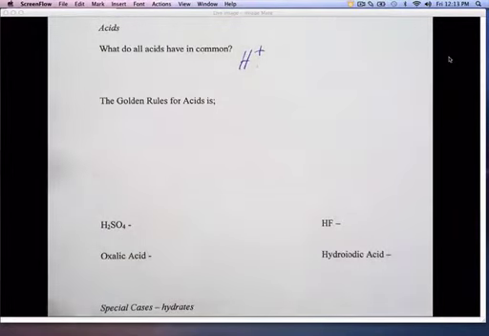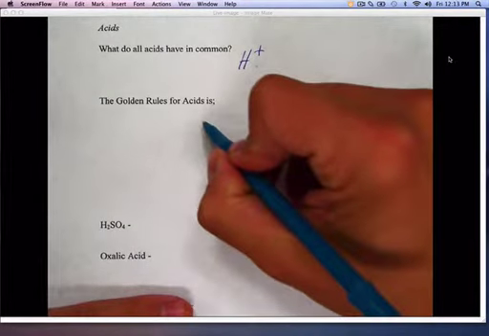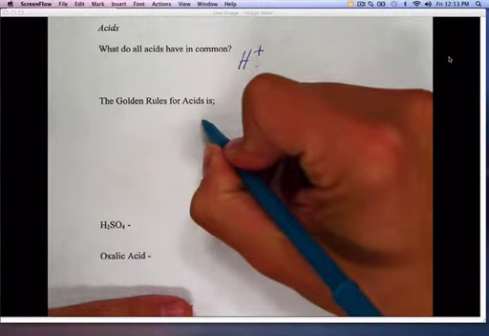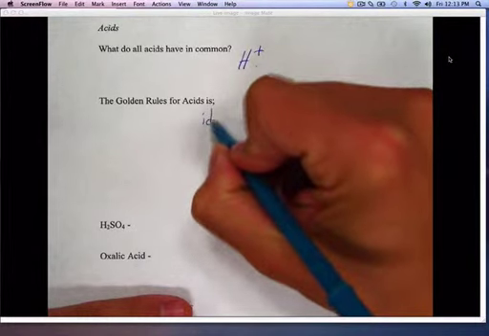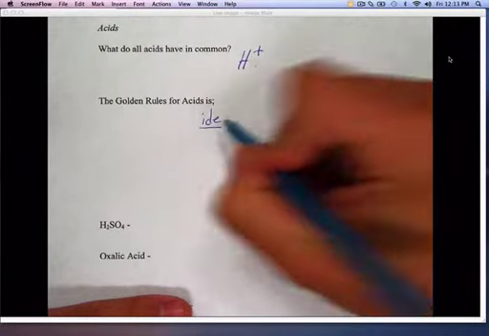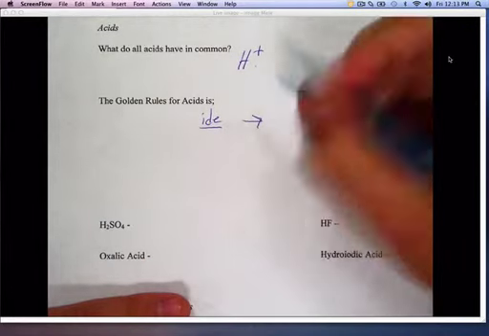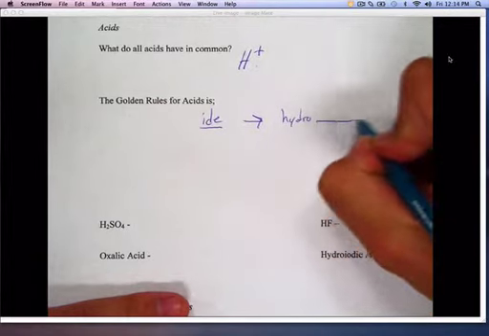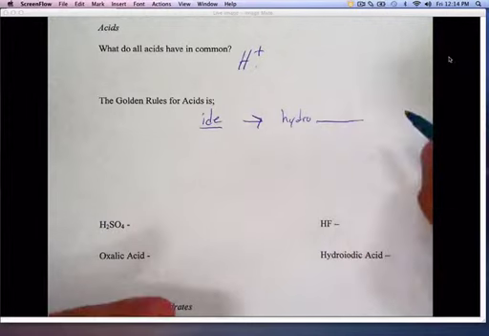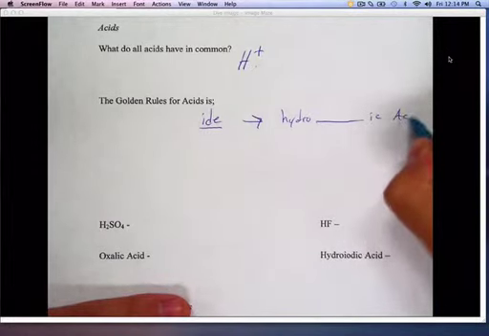Now the golden rule for acids is this. If it normally ends in ide, like the second word in hydrogen chloride, it changes to hydro, then your base word, in other words, not the hydrogen but the other thing bonded with it, and then ic acid.